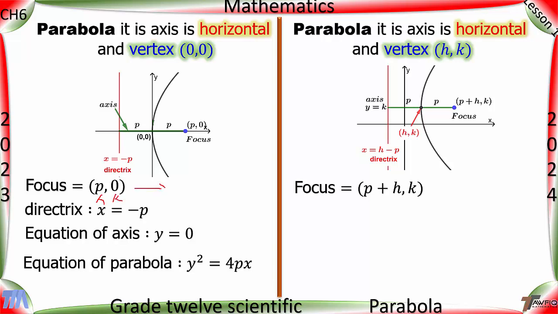So you will get p plus h and k plus 0, which is k. As you can see, it is the same thing.